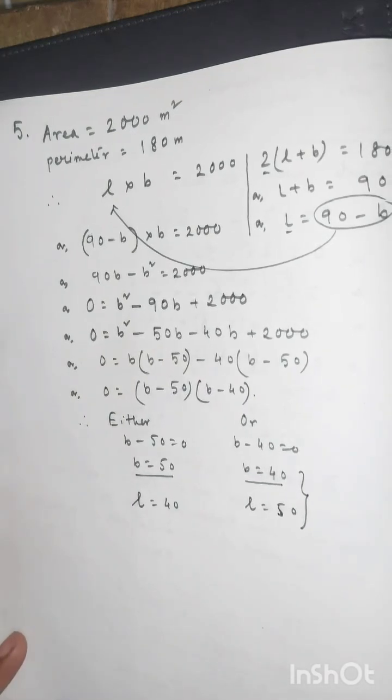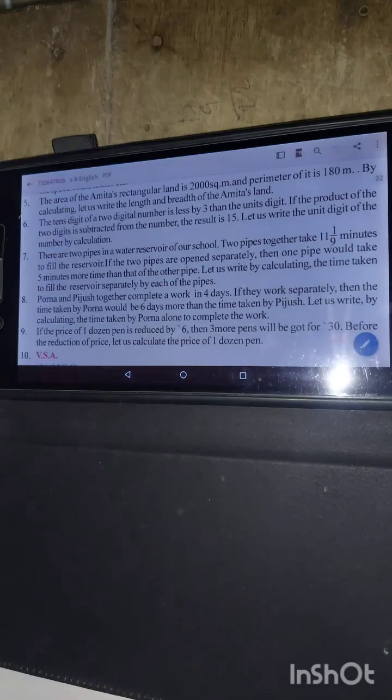Now let us proceed to our next question, that is question number 6. Question number 6 says the tens digit of a two-digit number, not digital number, okay, two-digit number is less by 3 than the units digit.